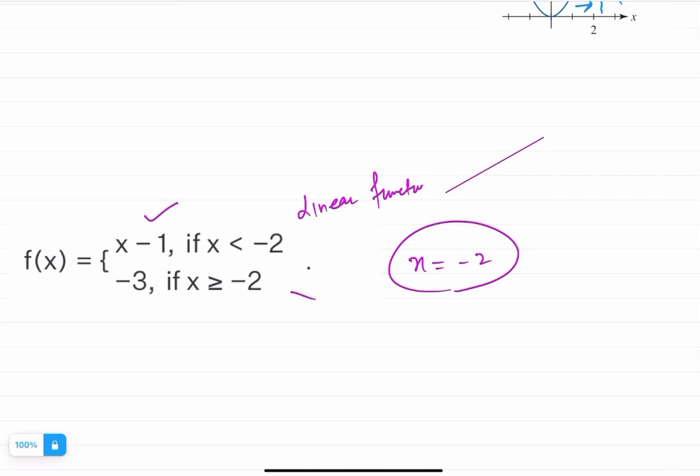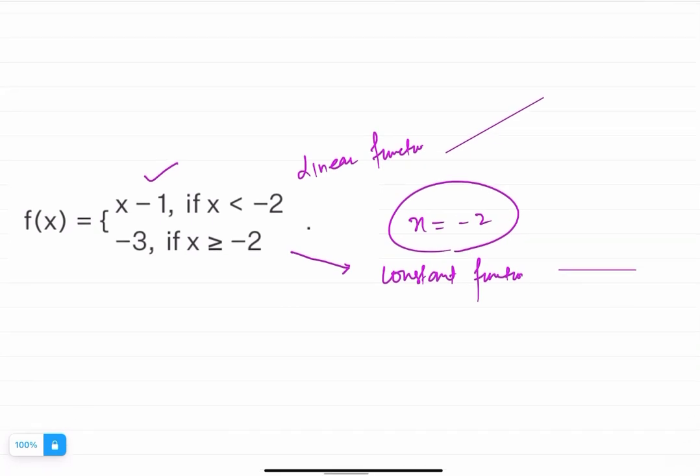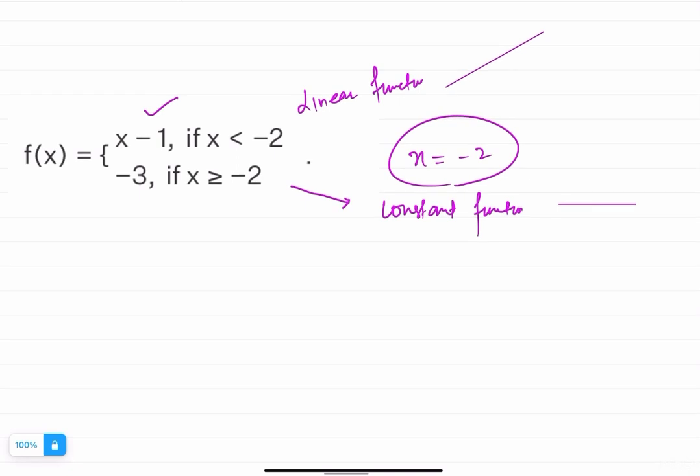And the second piece is a constant function, and a constant function is continuous at every point in its domain. But we have to find out if the pieces, when combined together as a function, are continuous at x equal to -2.